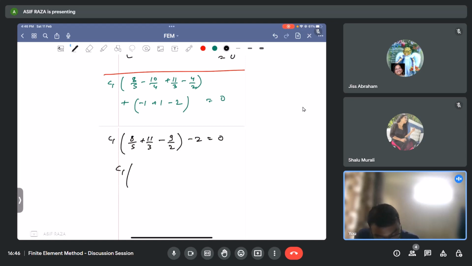So this says 30, right? 48, then 15. Yeah, 35, 30 equal to 2.